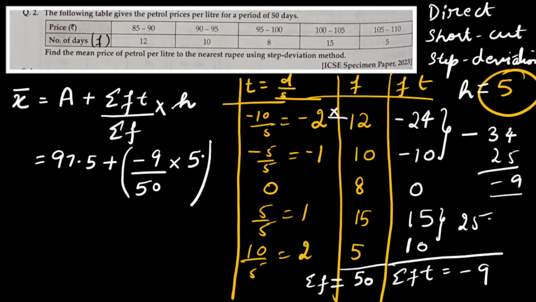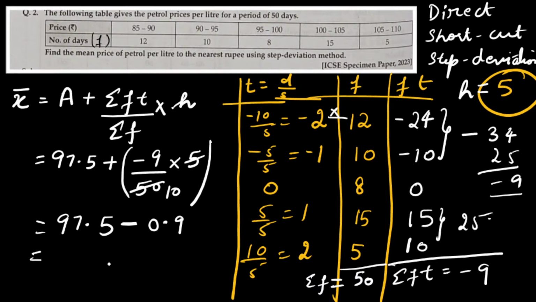So I can do cancellation over here, 5 into 1, 5 into 10, and this 97.5. Here I can convert this into decimal. Plus minus is minus, two signs together we can convert into a single sign. So plus minus minus, and 9 by 10 I can write in decimals as 0.9, because 10 is there, from the right side I have to count one digit and put the decimal. So 0.9 it will become.